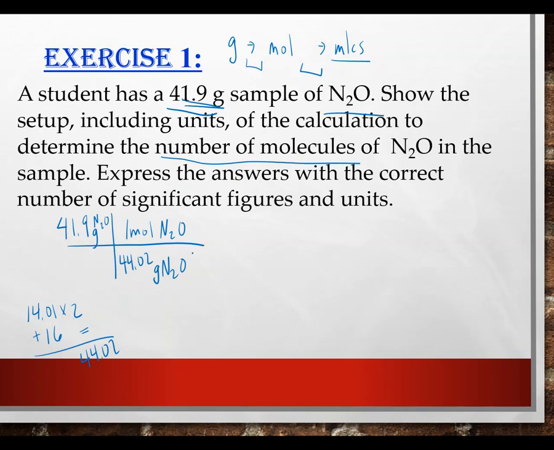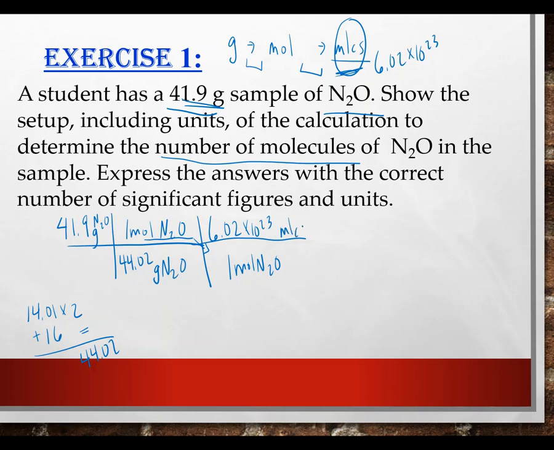Now, once again, we're going to go all the way over here to molecules. So we need to add on another step to our T-chart. This time I'm going to take the moles and diagonal them down. So 1 mole N2O is going to equal molecules. Now, molecules is the buzzword for Avogadro's number. That's 6.02 times 10 to the 23rd. So that's what I'm going to do here.